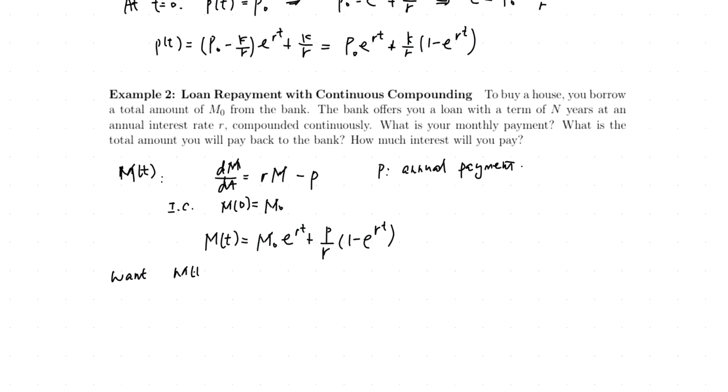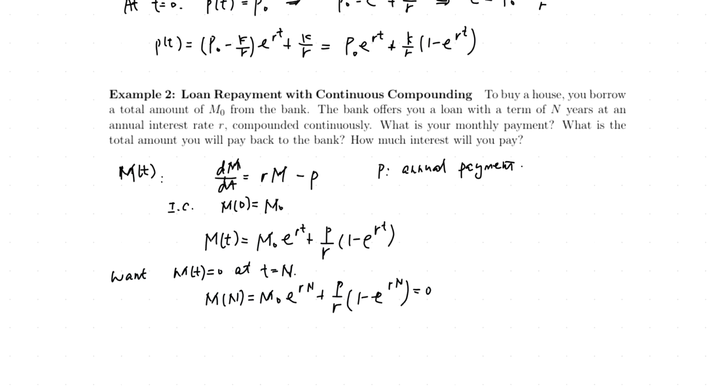M(t) to be 0 at t equal to n, meaning after n years, you will pay back everything. So that means M(n) equals M naught e to the R n plus P divided by R times (1 minus e to the minus R n) equals 0.